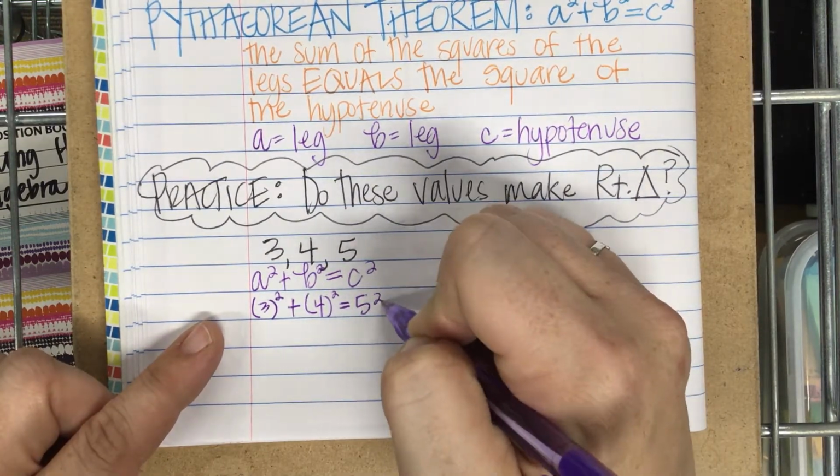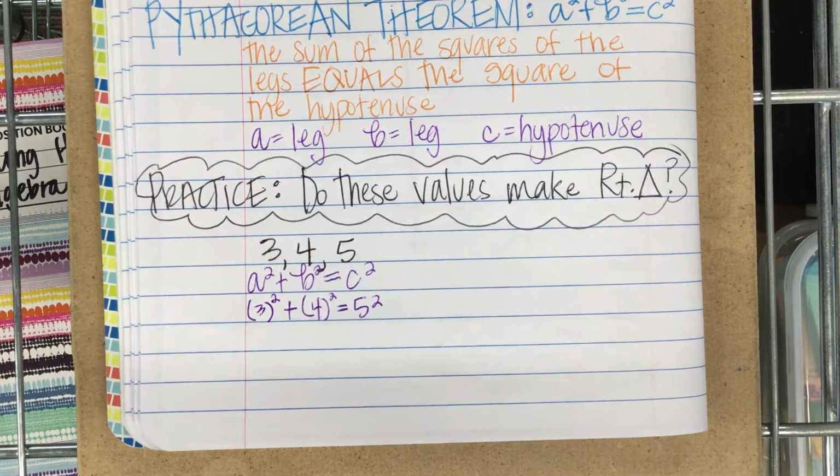Now there's another way you could write this and be correct. It does not have to say 3 squared plus 4 squared equals 5 squared. Anyone know the other way you could write it and still be correct?